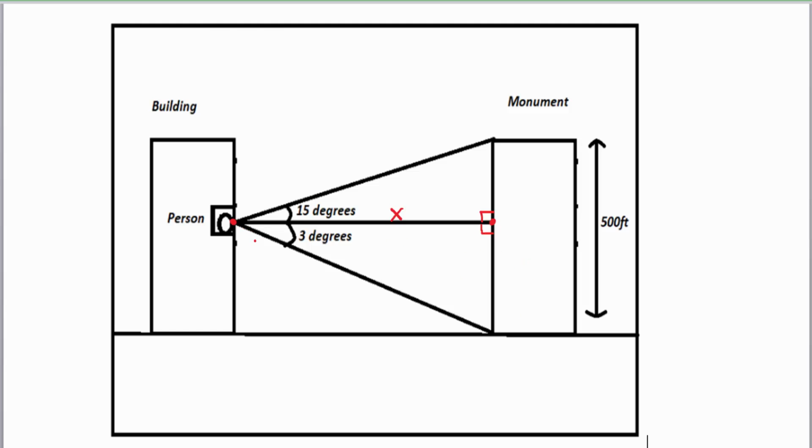I can't be guaranteed to be staring directly at the center of the monument. And that would be impossible, because then this angle moving up, the angle of elevation, would be the same as this angle going down, the angle of depression. So there's no way that this is 250 and 250, and without a proper side of the triangle, I felt the problem was unsolvable.